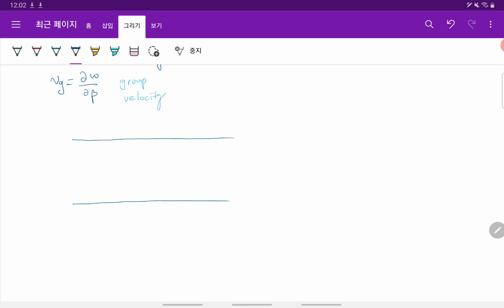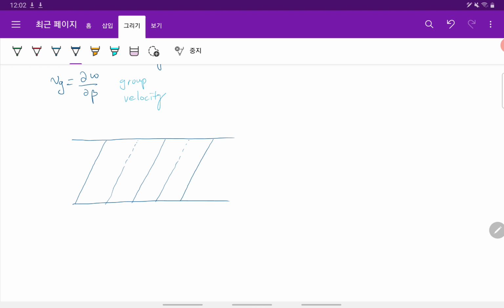Let's say we have a waveguide, and some wave is propagating in this direction. This is the wavefront, we say. The solid line is maximum and the dotted line is minimum.